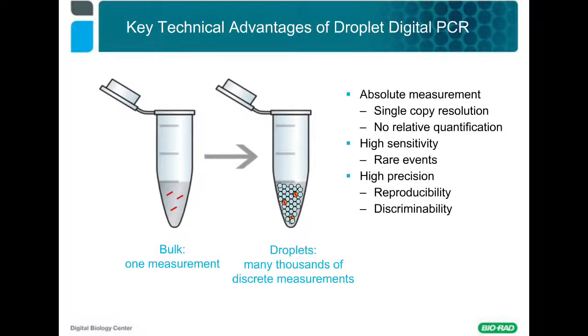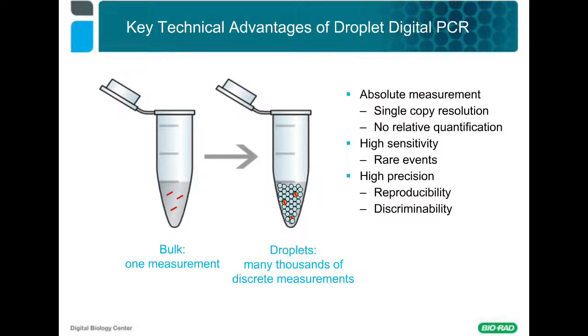This massive partitioning of a PCR reaction affords a number of powerful technical advantages. First, ddPCR provides an absolute measurement in copies per microliter. One no longer has to extrapolate Cqs onto a standard curve in order to obtain a relative quantification. ddPCR will literally count the number of target molecules present. Second, ddPCR enables sensitive detection of rare events, since partitioning reduces the relative PCR competition between species and allows for a better representation of minority transcripts.